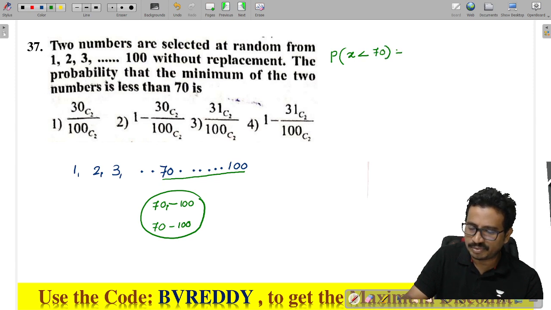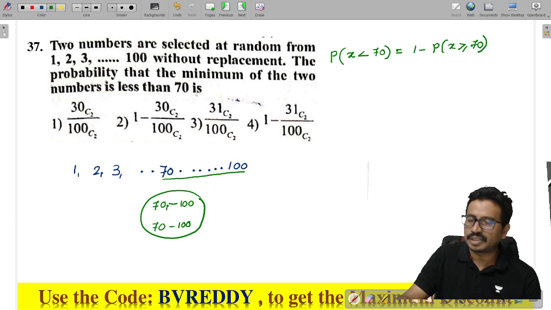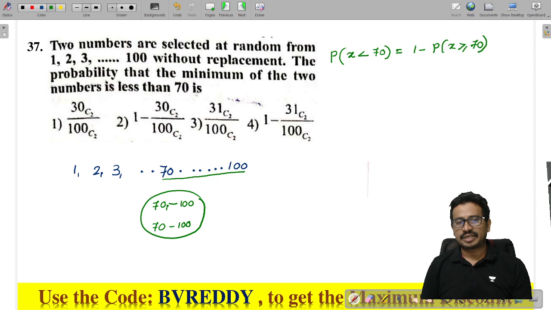What I am doing is 1 minus, can I write this value as greater than or equal to 70? Greater than or equal to 70. If I select a number in between 70 to 100, what happens now?